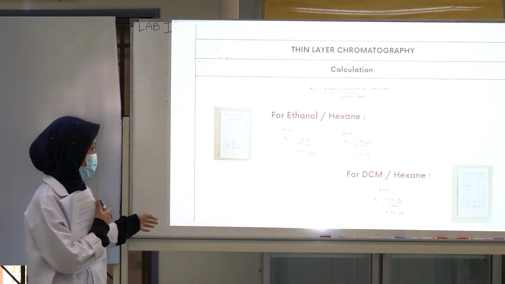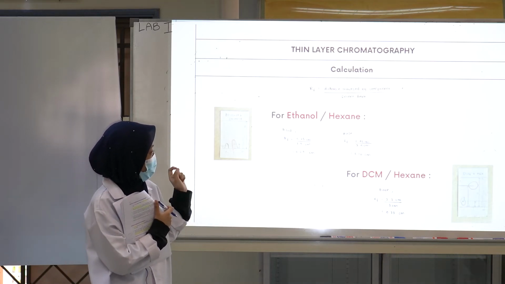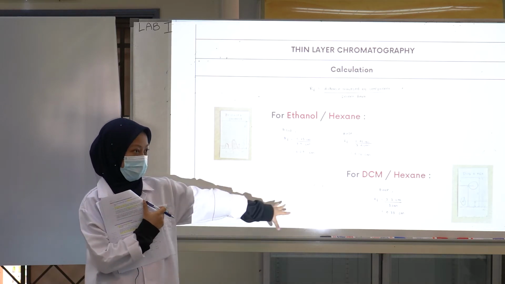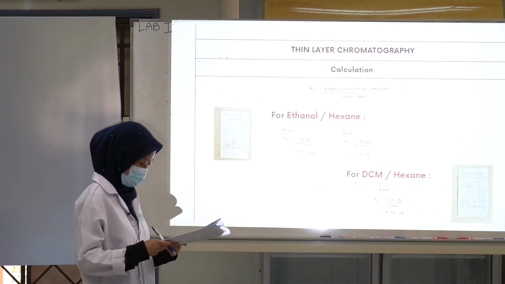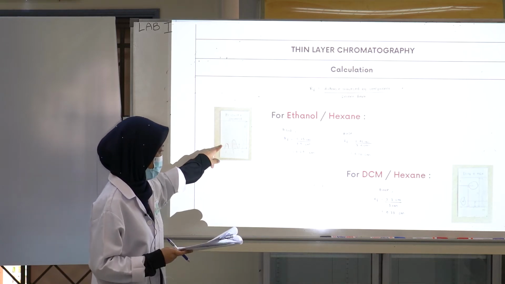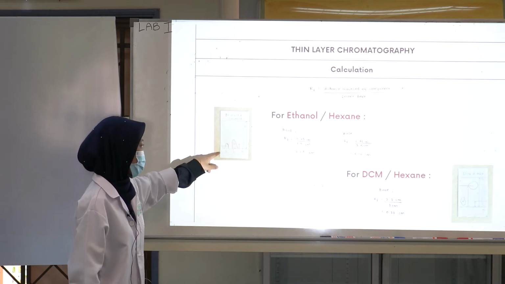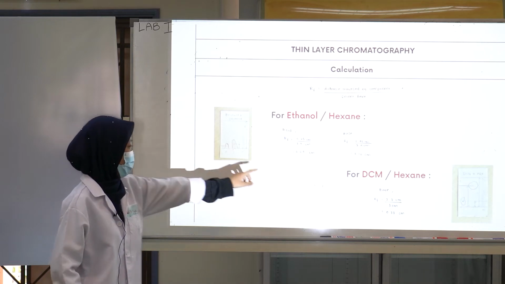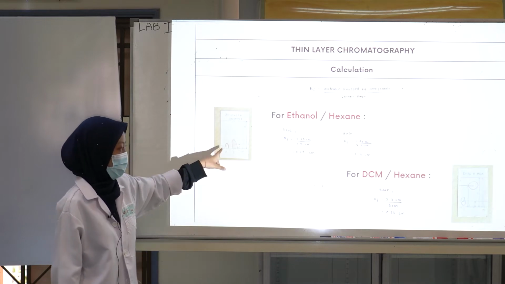So here we can see that the RF value for acid is lower than the base. Basically for acid, the distance from the pencil line, for both pictures, we can see that it is shorter than base.